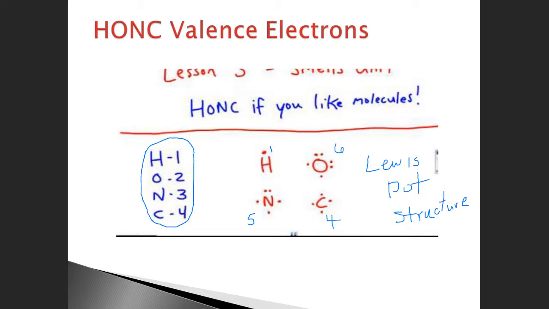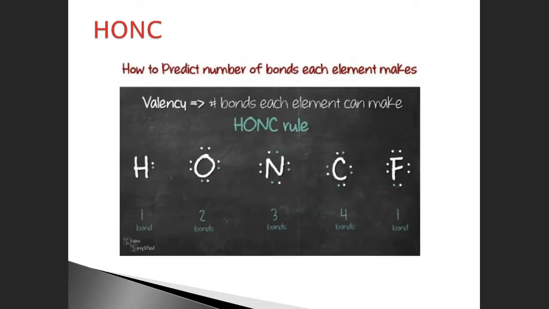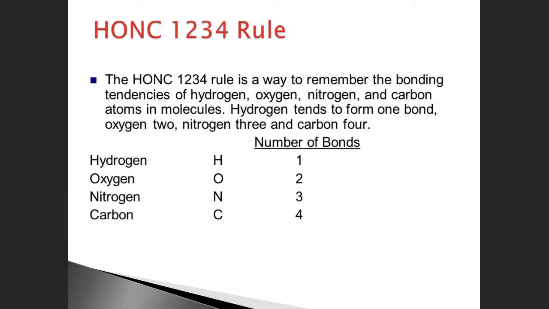So now you know what they look like. Now, if I draw Lewis dot structures for just a little bit before we start our talk today, you'll be able to recognize what I mean. Okay. So this is looking at valence electrons also, but it's the rule of HONC 1, 2, 3, 4. We already talked about that.